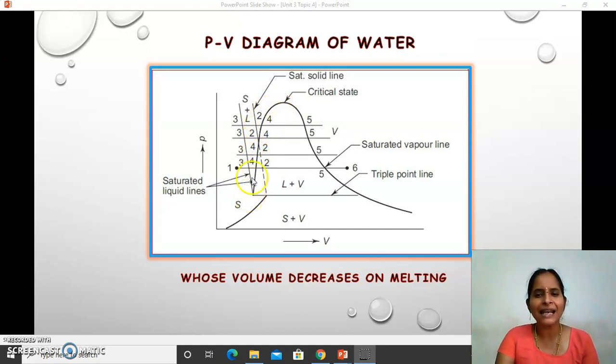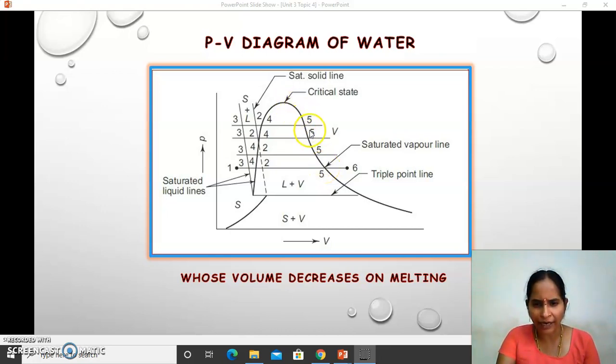Saturated liquid means the liquid is saturated with respect to the solid phase, right? Here the liquid is saturated, and on this line, 4 to 5, all the straight horizontal lines of 4 to 5, at constant pressure and constant temperature, the saturated water is converted to saturated vapor, right?